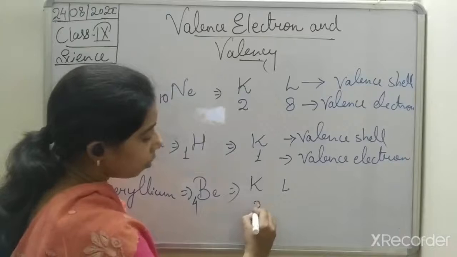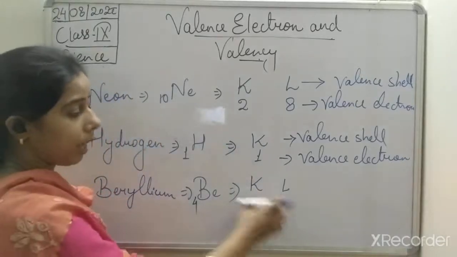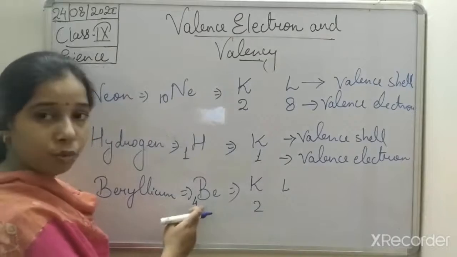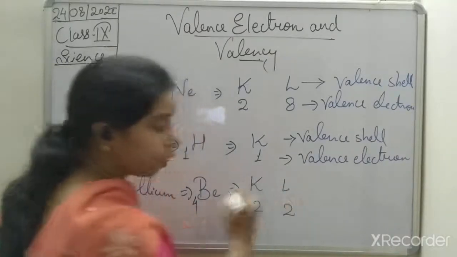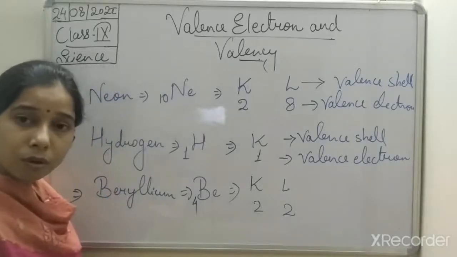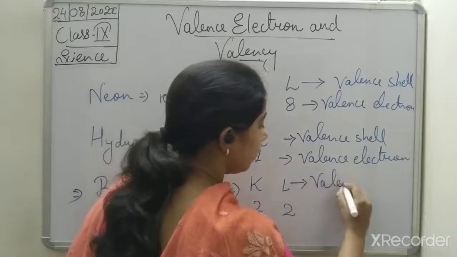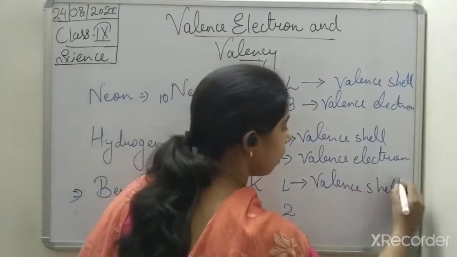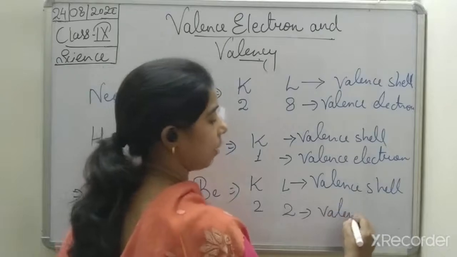That will be 2. And how many electrons will enter the L shell? 4 minus 2 equals 2. So 2 electrons will enter the L shell also. So you can say that this L shell will be the valence shell, and 2 is the valence electron.